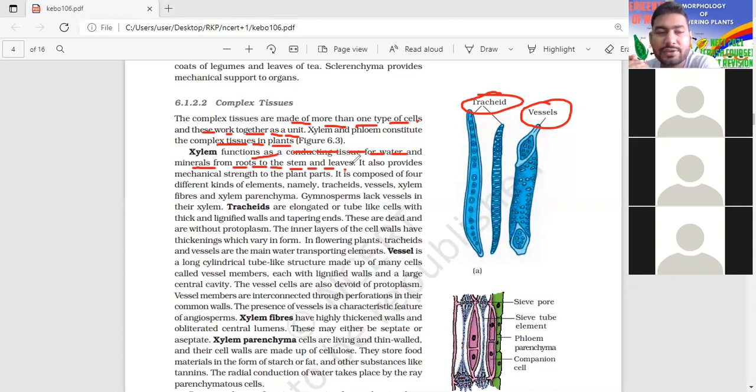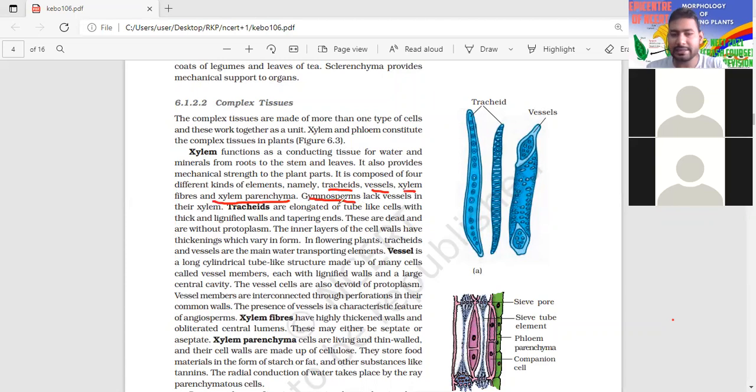Clear? Whatever I told, here they have given that gymnosperms lack vessels in their xylem, and in the case of the phloem, there is a lack of companion cells.